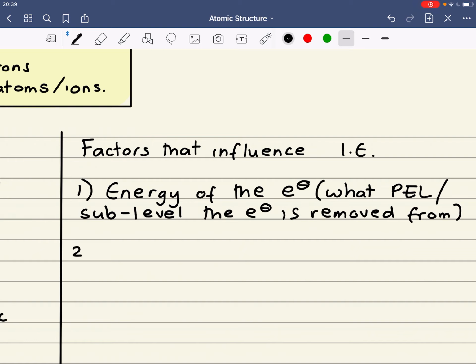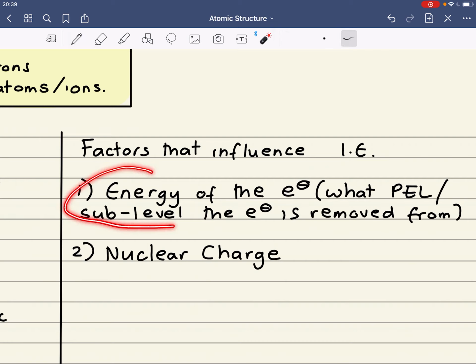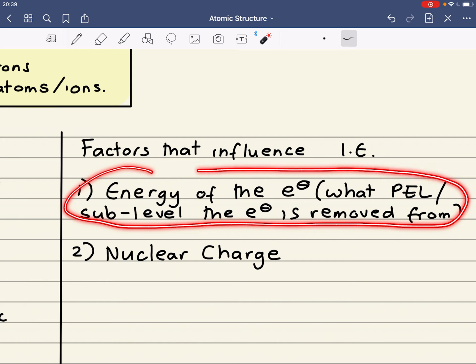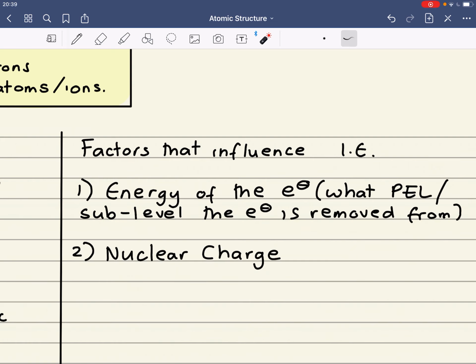The second factor is nuclear charge. Nuclear charge is only ever really a factor if this is constant. If the electrons are removed from the same place, then nuclear charge becomes a factor. And the other one is shielding.